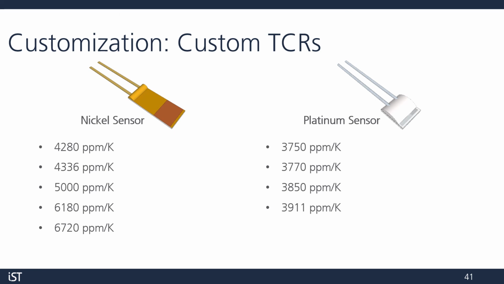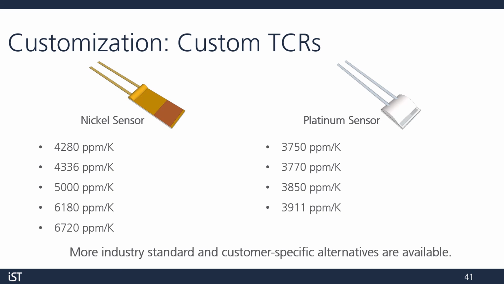In these cases, it's important to match the original TCR and characteristic curve of the original sensor. Here we can see some commonly used TCRs for platinum and nickel. At IST, we're also able to match common industry standards and customer-specific TCRs.